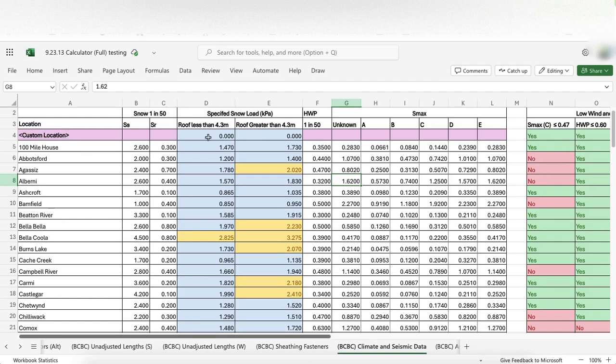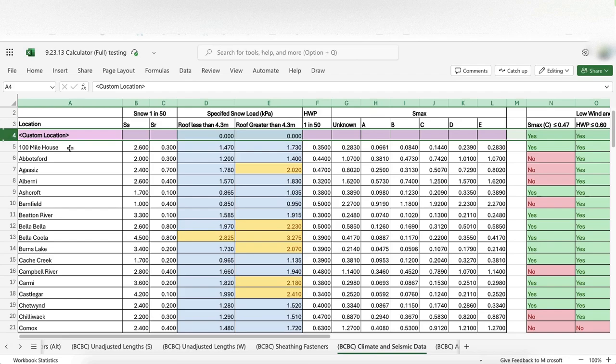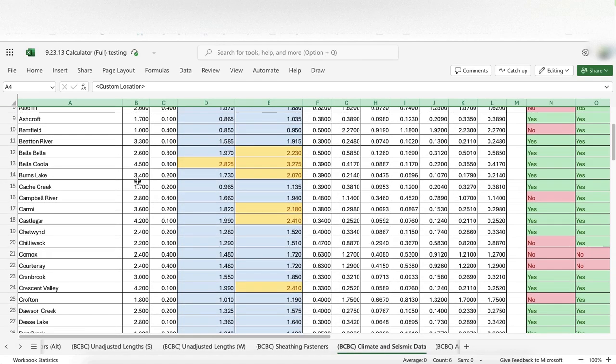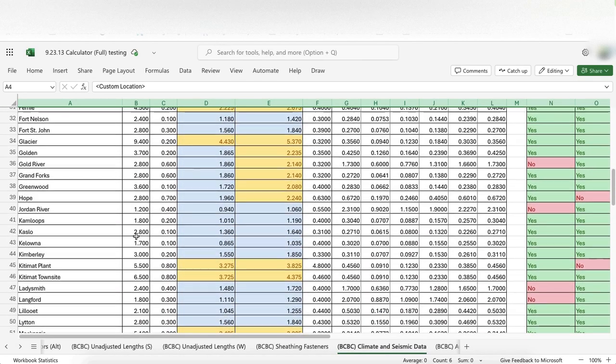So something that does come up certainly is that in terms of location, some jurisdictions provide their own values for example, for snow loads, and they're not referenced in the appendix.